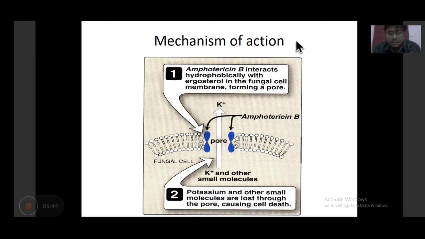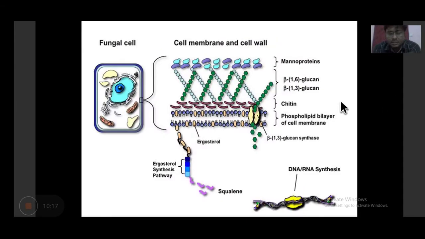You can see in the picture that two molecules of amphotericin bind hydrophobically with the ergosterol and create a hole, a pore in the cell membrane, which is otherwise not very permeable. So now the permeability is increased and small molecules like potassium leak out. Because of this leaking, it leads to cell death. So this is a simple mechanism of amphotericin.